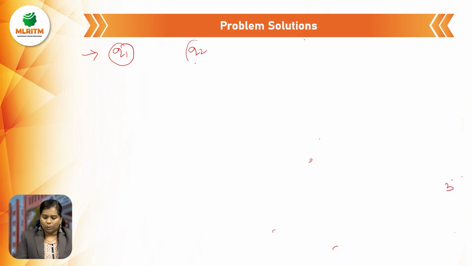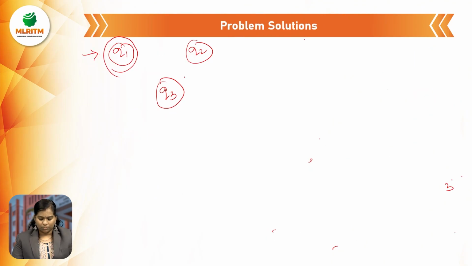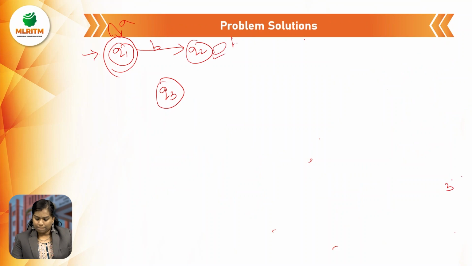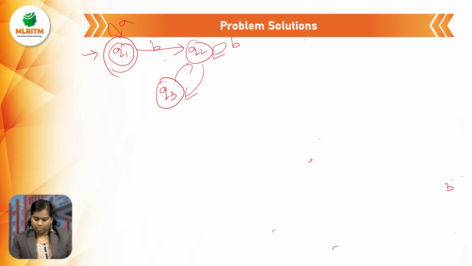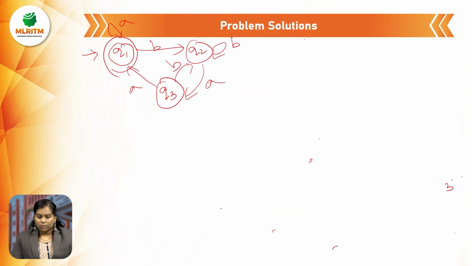Q1 is the final state, with transitions on B, A, B, B, and A. So this is the problem.